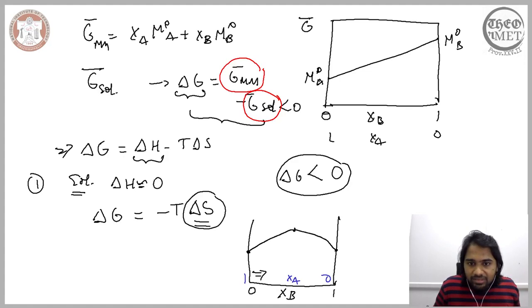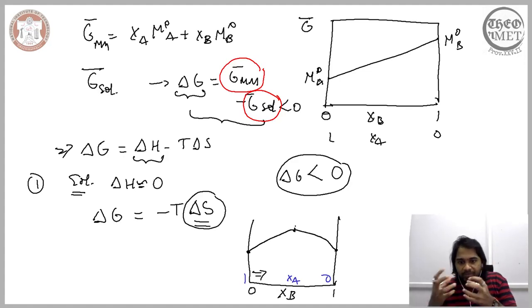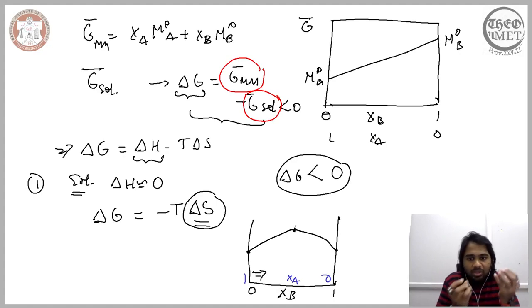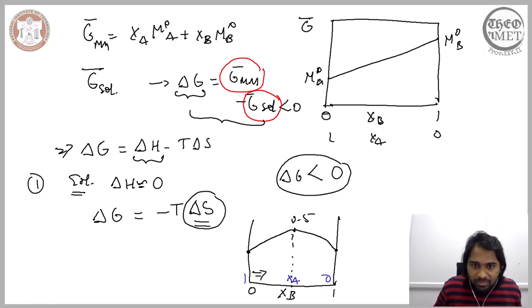The reason it increases till a particular point is that the degree of randomness does not depend largely on which component we are playing with. All it considers is the difference between the two atoms. So from this point to this point, this point here indicates 0.5 of the B.